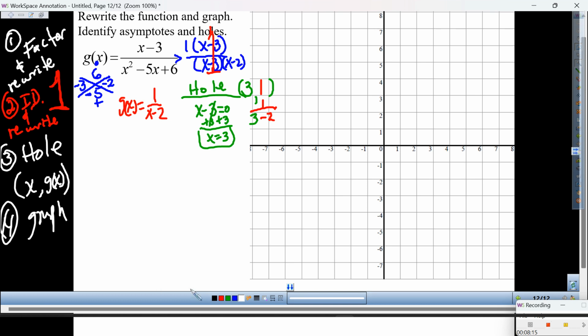And step 4, graph. Here we go. So I'm going to write whatever we have left, g of x equals 1 over x minus 2. All right, how do we graph this? Tell your neighbor, what is it that we need to graph that? All right, good conversations. Diego Romo. How do we graph?